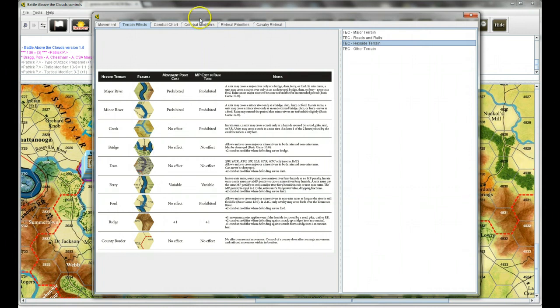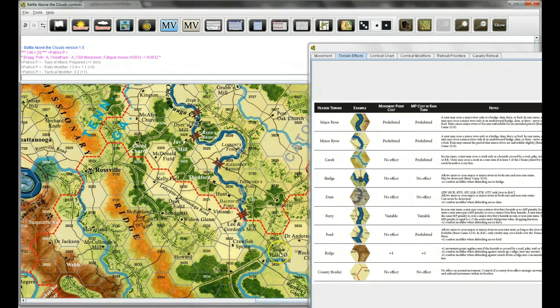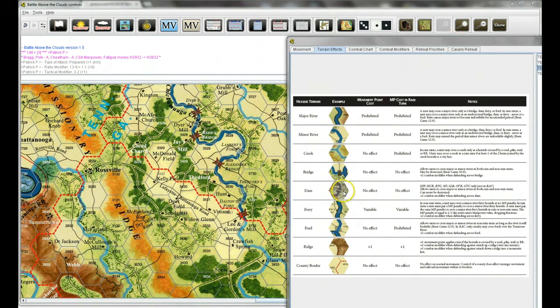In our particular situation, hiding the units here very quickly, we can see Polk attacking across this creek at the Snow Hill Post Office into the Glass Mill hex. There is a creek present, and the defending unit is going to get a +1 to his die roll modifier.